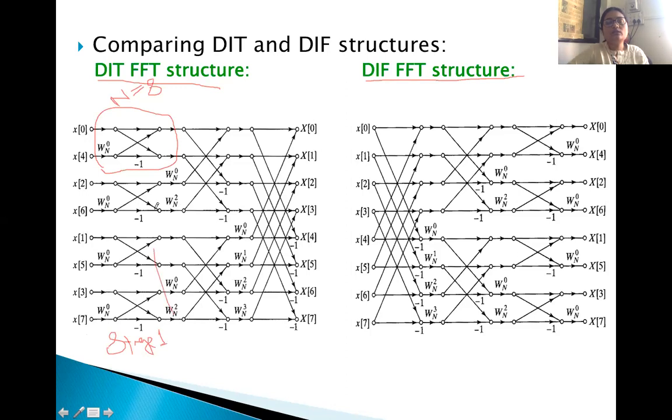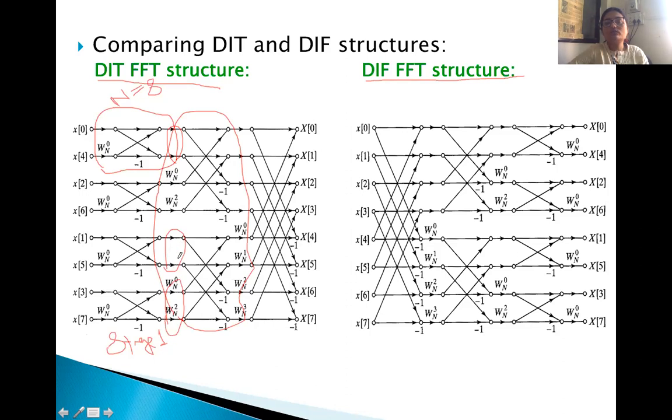This is the stage number 2 computation. In the stage 2 computation, these 2 points are even points and these 2 points are odd points. The odd points get multiplied by the twiddle factors, W raised to 0 suffix 8 and W raised to 2 suffix 8. Here again, these 2 points are even points and these 2 points are odd points.